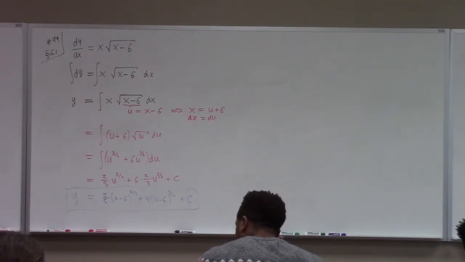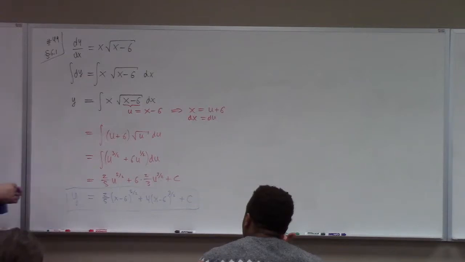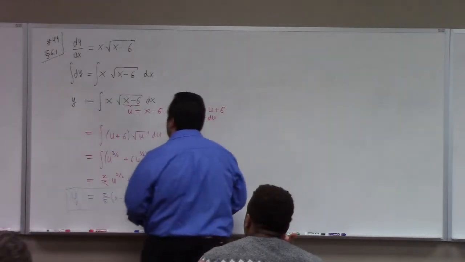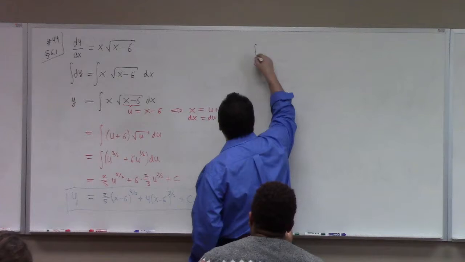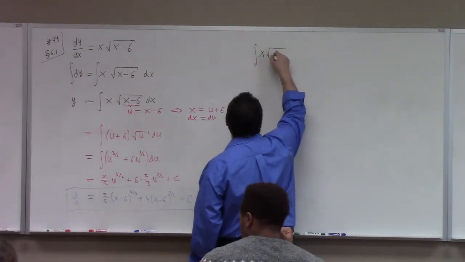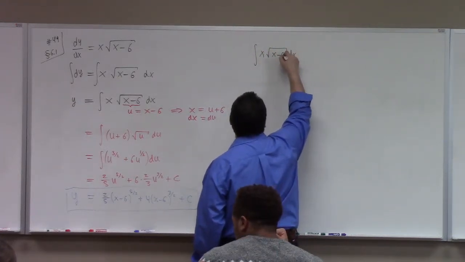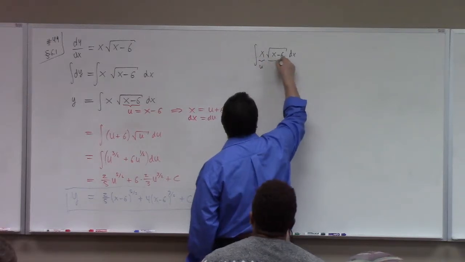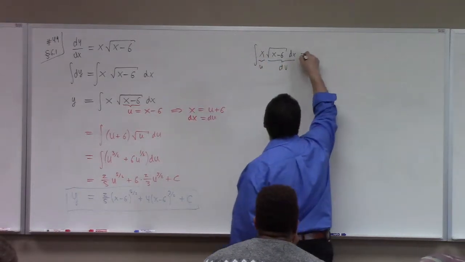So, say if I used integration by parts, do you think that I would still come away with the correct answer? Well, how would we do integration by parts here? Maybe u equals x, and then dv is the square root of x minus 6.